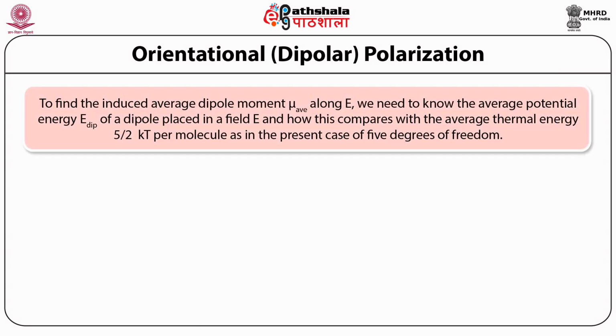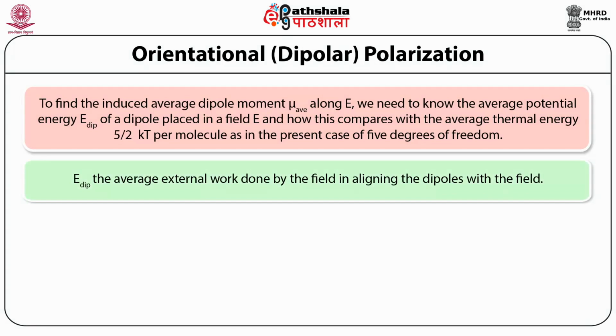To find the induced average dipole moment mu average along E, we need to know the average potential energy E dipole of a dipole placed in a field E, and how this compares with the average thermal energy, 5/2 kT per molecule, as in the present case of 5 degrees of freedom.